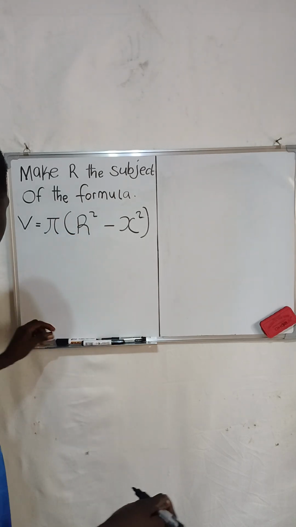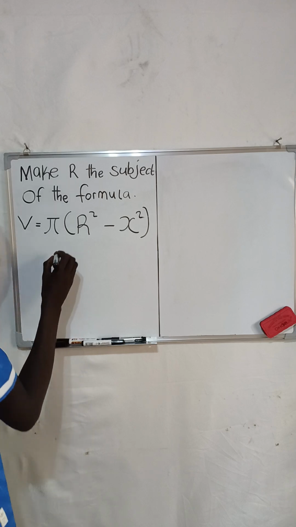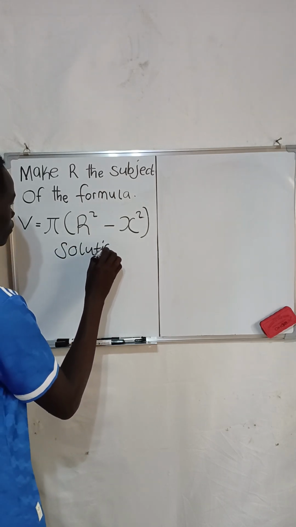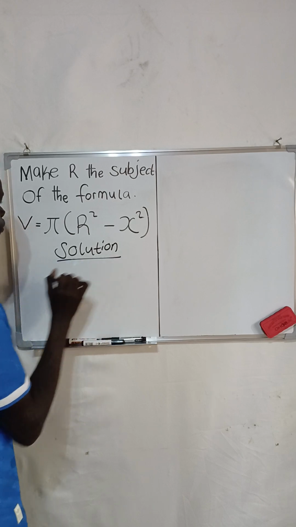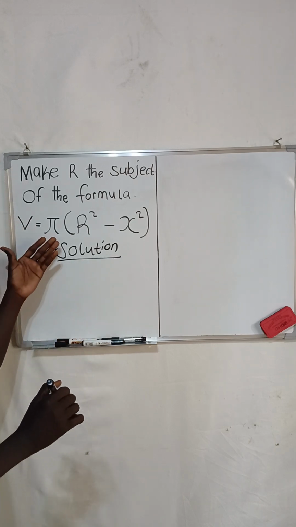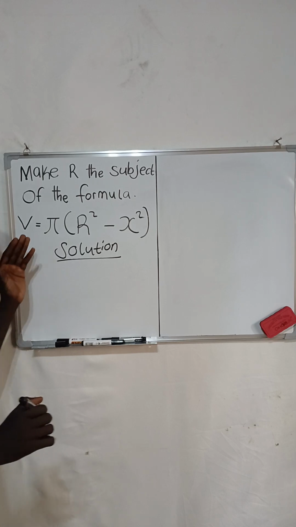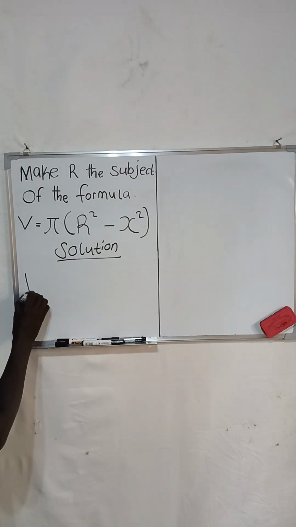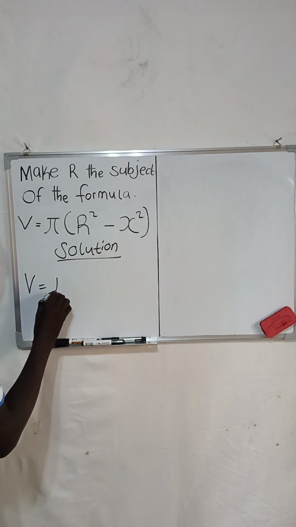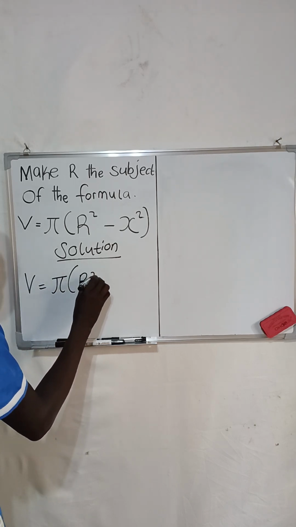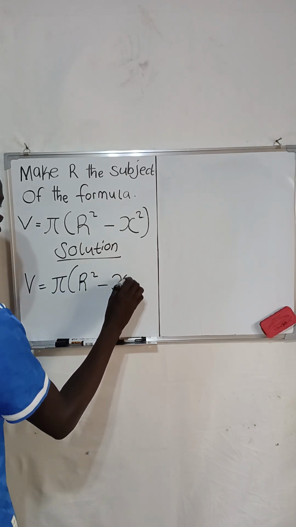Okay, here let us start solving it by making a solution. Our first step is we are going to divide both sides by pi. Here let us have V equals pi times (r squared minus x squared).